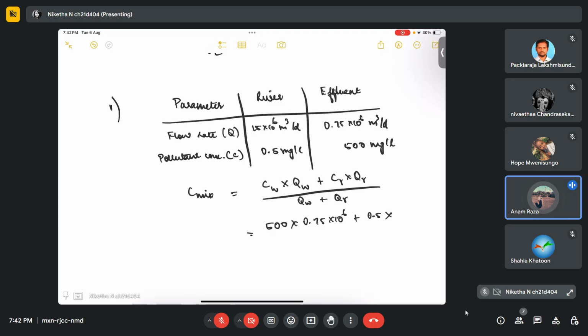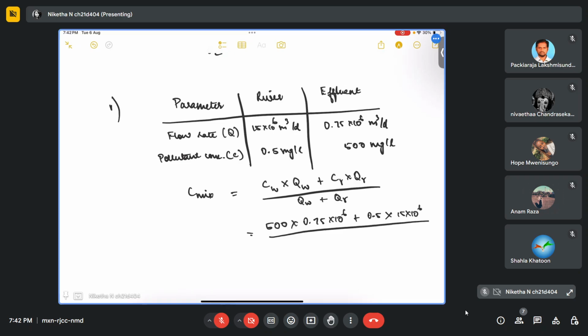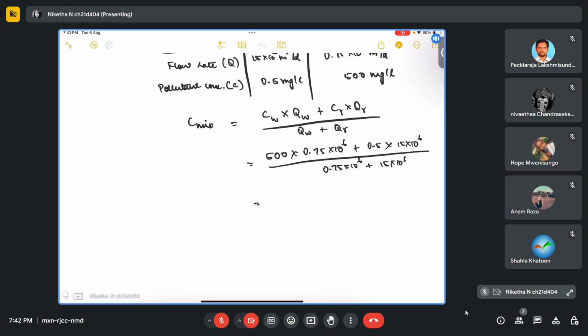QR is 15 into 10 to the power 6. So, what is the answer? Can you give me the answer?